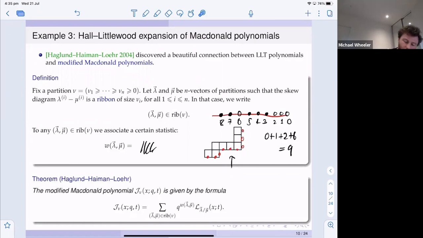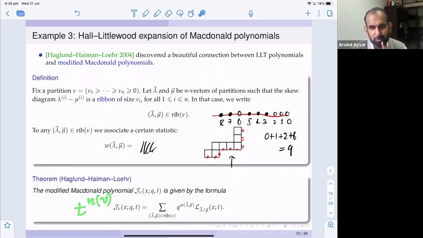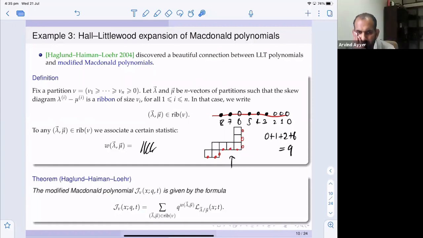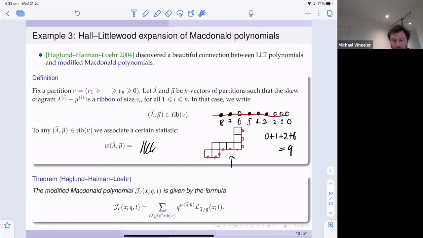And so I think that the version I'm giving here differs from the usual one up to an inversion of T, and possibly multiplication by T to the n nu, something along these lines. But yeah. Okay. So that's why I didn't want to give it the usual symbol. But indeed, the use of the J here comes from the fact that this is a plethystic substitution of the integral form of a McDonald. So indeed, yes. All right.